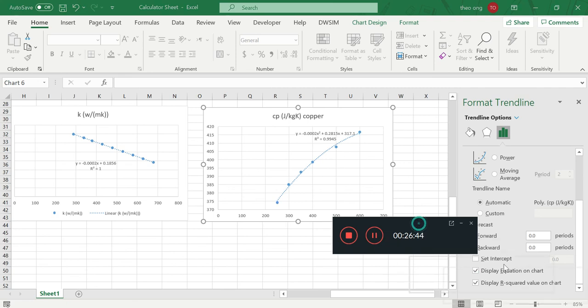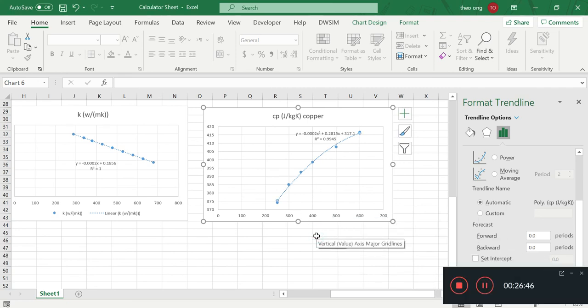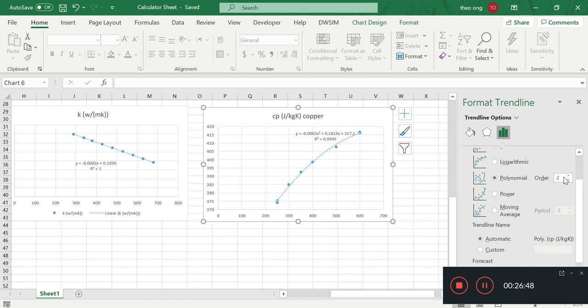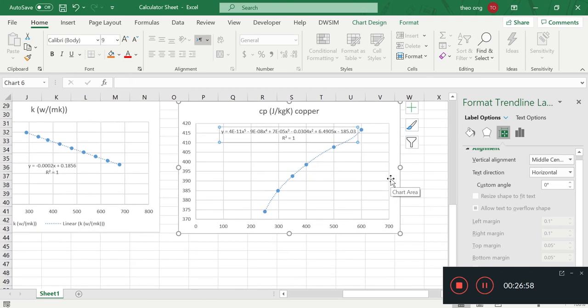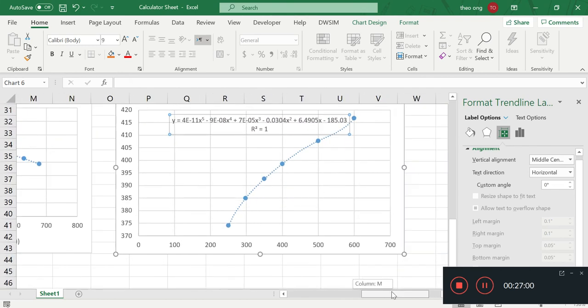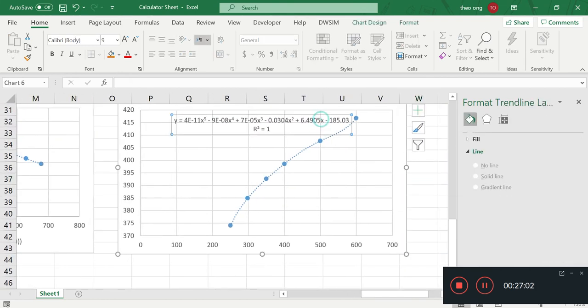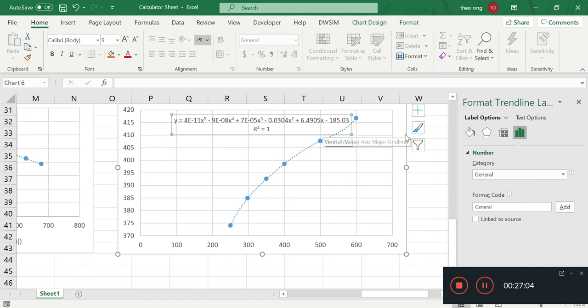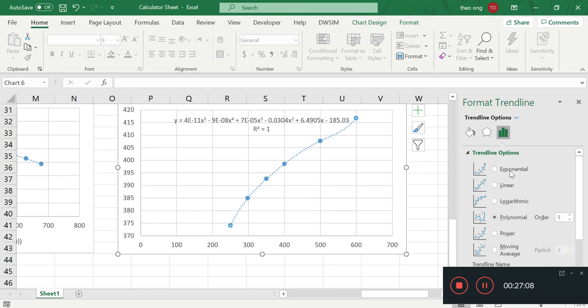So this is a pretty close fit. Let's see whether we can improve the R square value. Maybe order 4 will do. Well, this does fit everything well, but it kind of looks a bit weird.